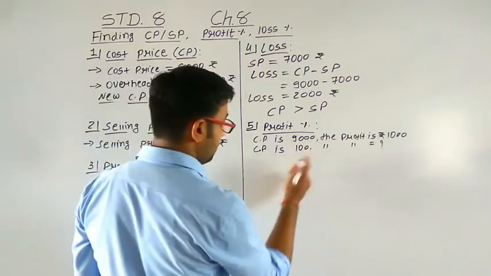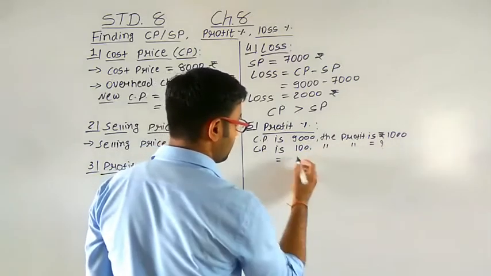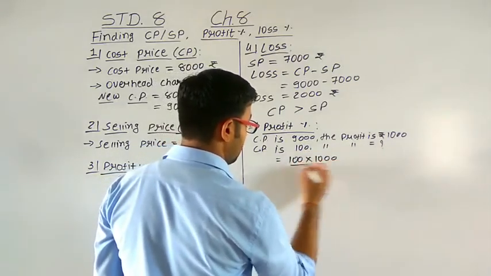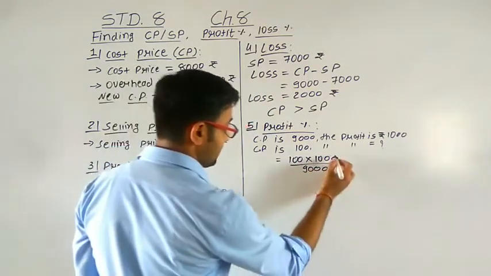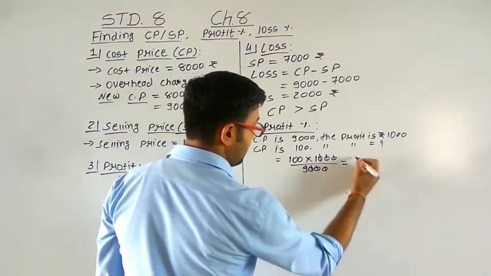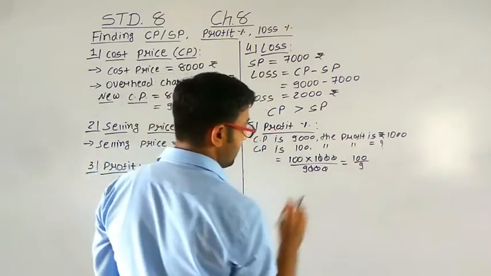Let us see how we can find it. We can calculate it as 100 into 1000 upon 9000. So let us cut it. 30 will cut here. We get 100 upon 9.